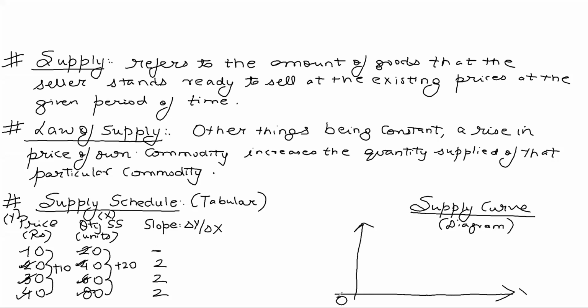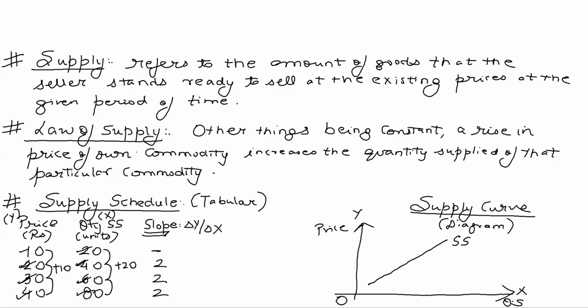If you plot this schedule on graph paper, with the x-axis and y-axis showing price and quantity supplied, it is going to come out as an upward sloping line. But I want to make clear right from the beginning, the supply curve cannot always be linear. I have drawn one particular case where the slope of the supply curve is a constant. That is why it is linear. But if the slope is not a constant, it can be an upward sloping curve instead of a straight line.